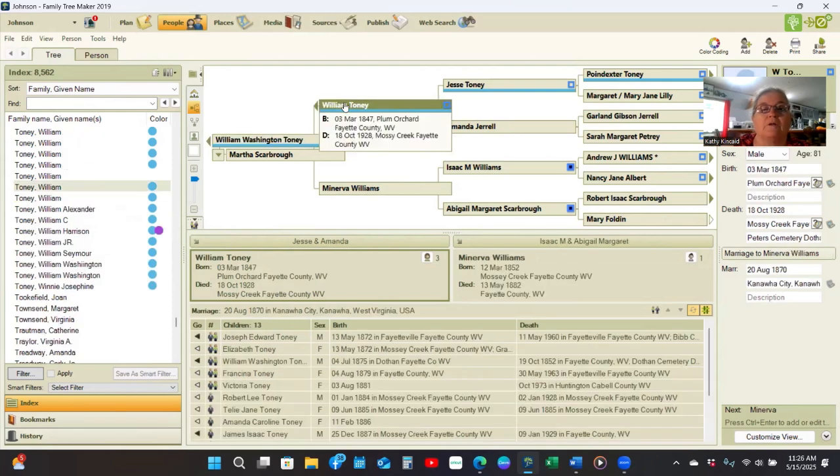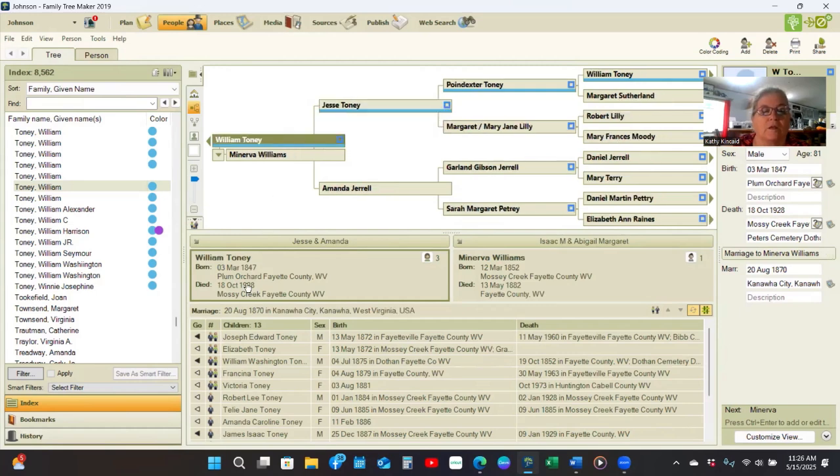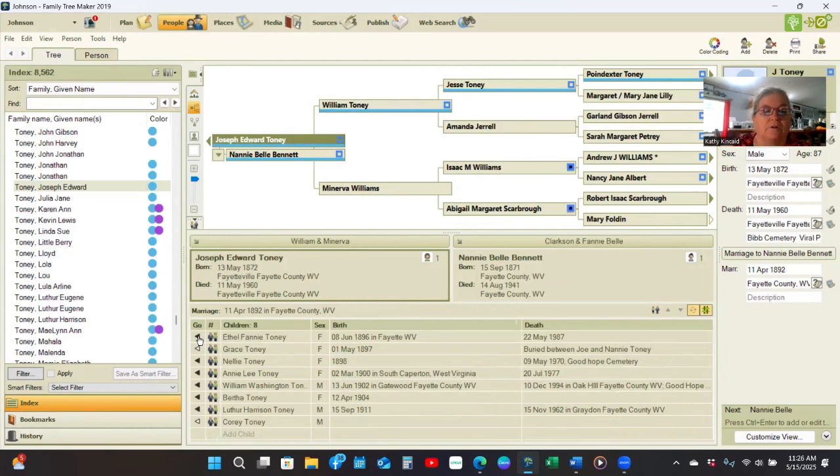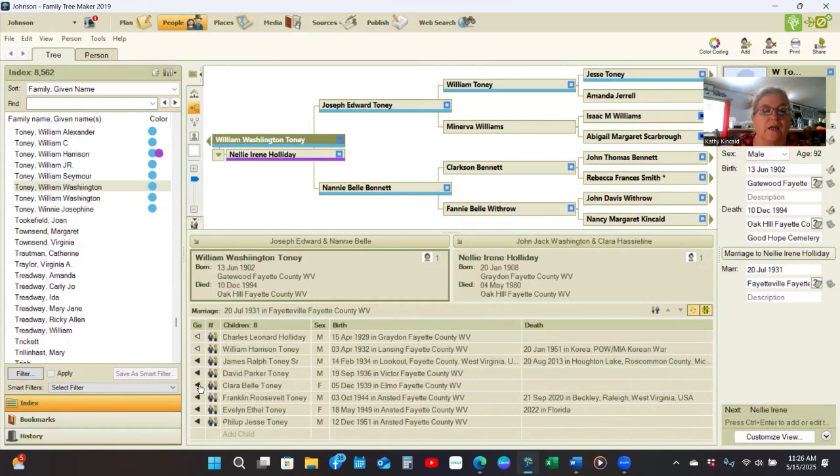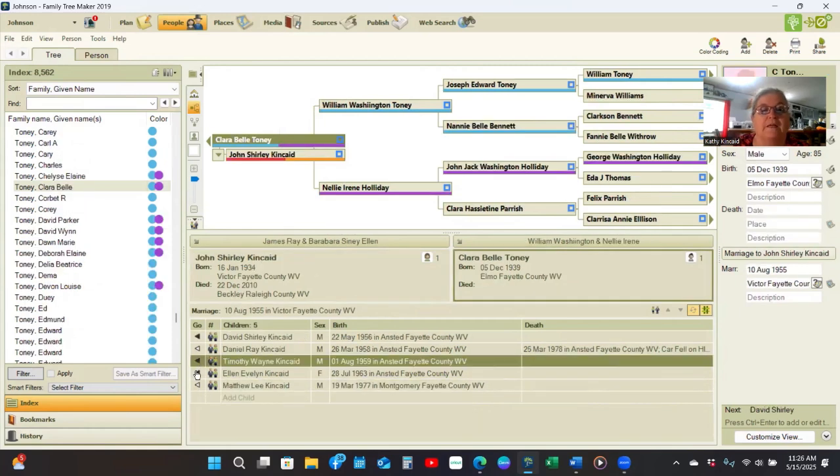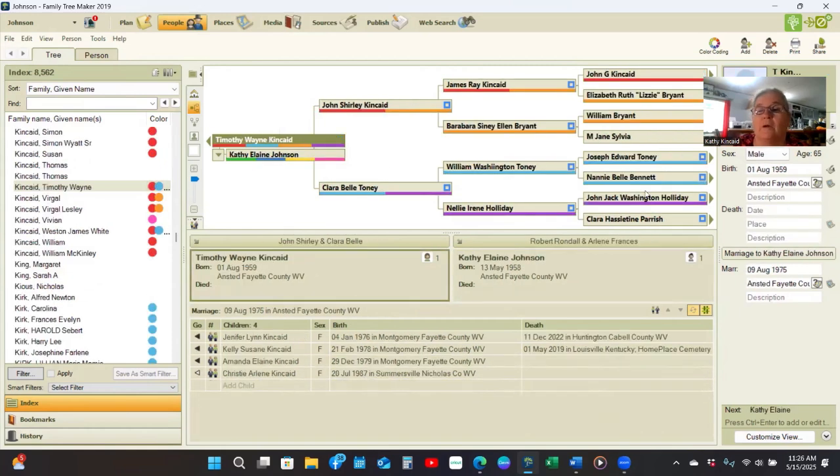We're going to go back to William, this William, who is his dad. And we'll go down Joseph Edward. And then we're going to go down this William Washington. And then we'll go down Clarabelle. And here we will find Tim. So we're just going back generations backwards.